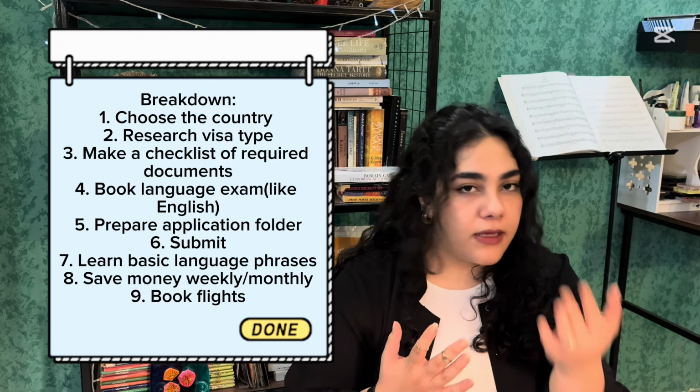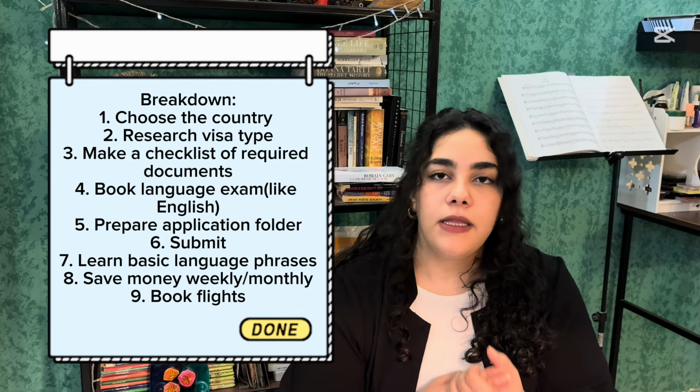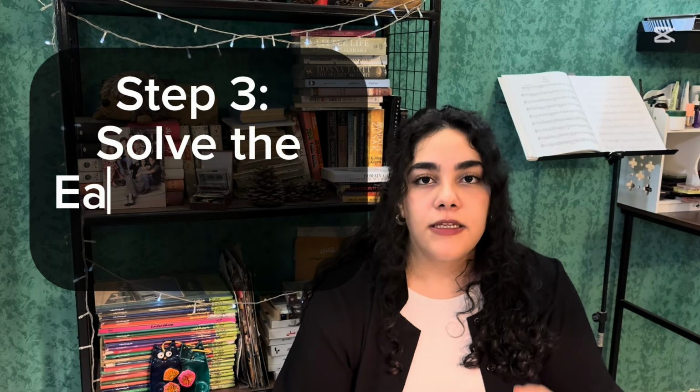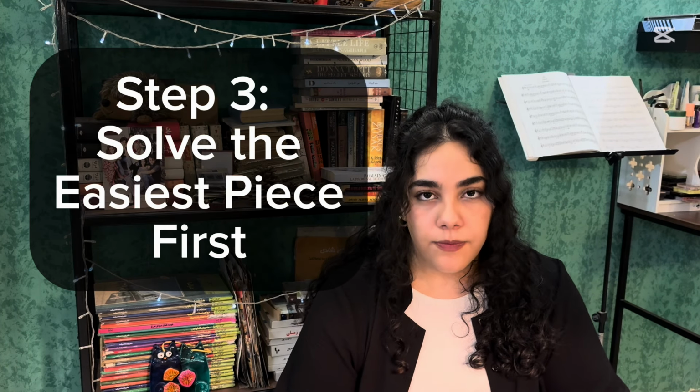Save money weekly, monthly, and maybe the last step could be booking flights. See, moving or changing countries can be really scary until you break it down into steps that take 1 hour each.